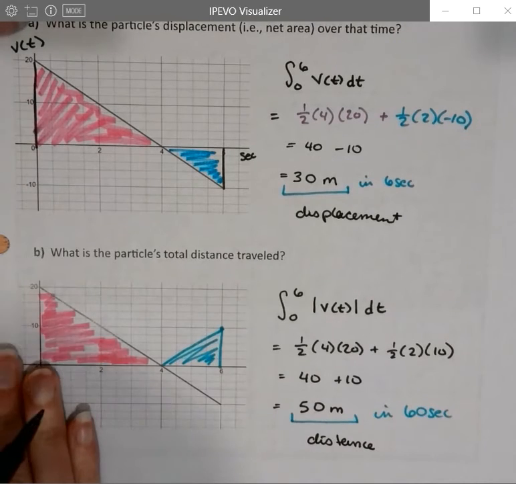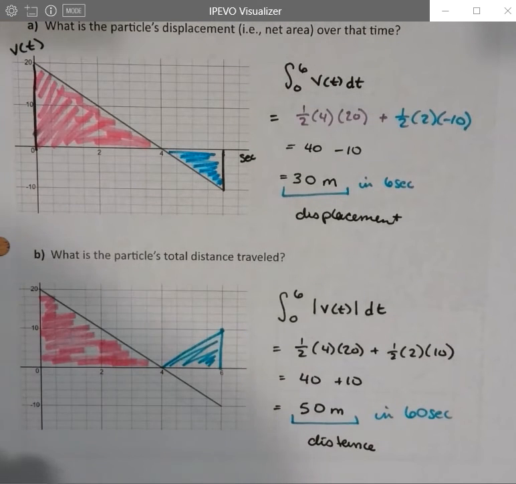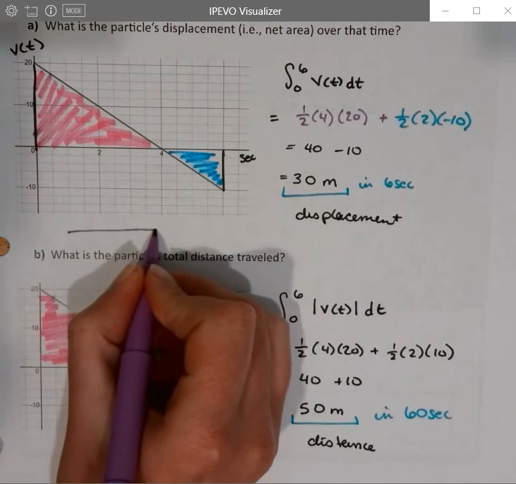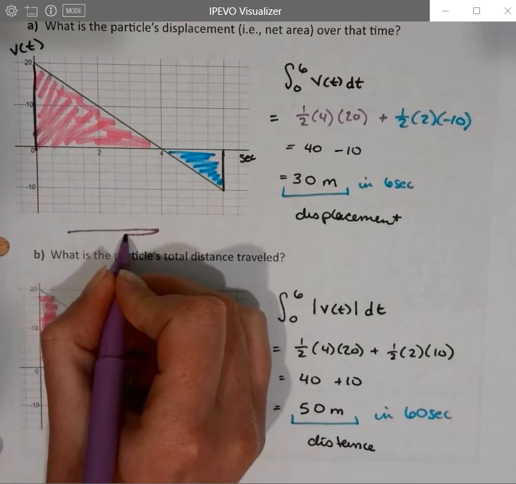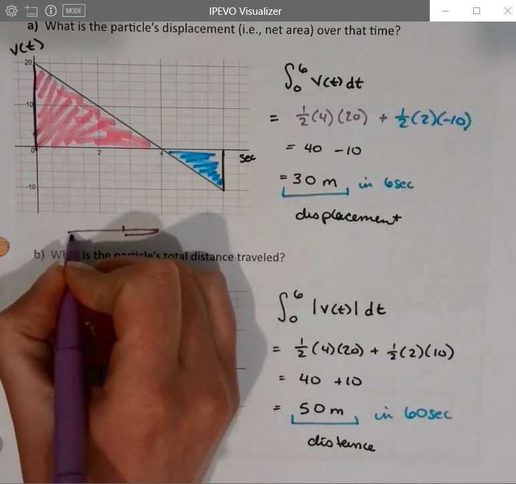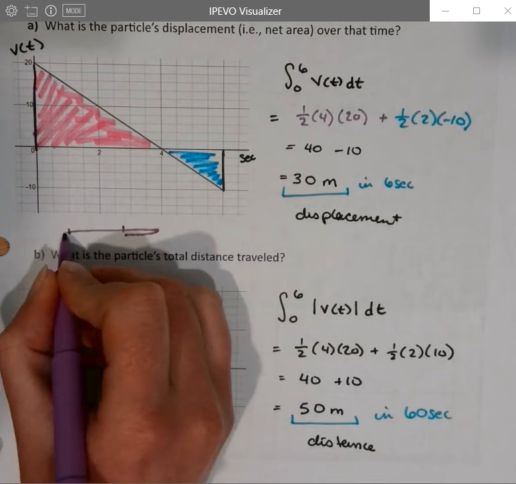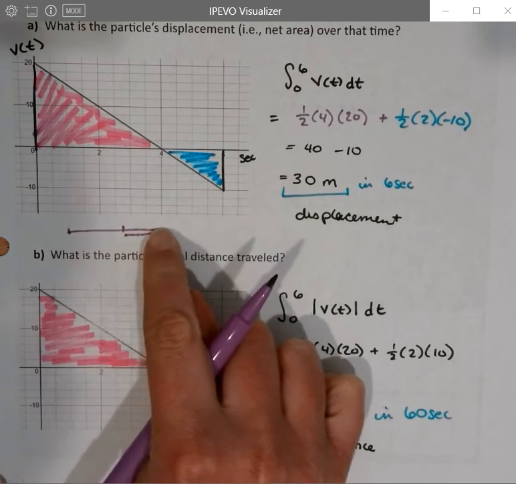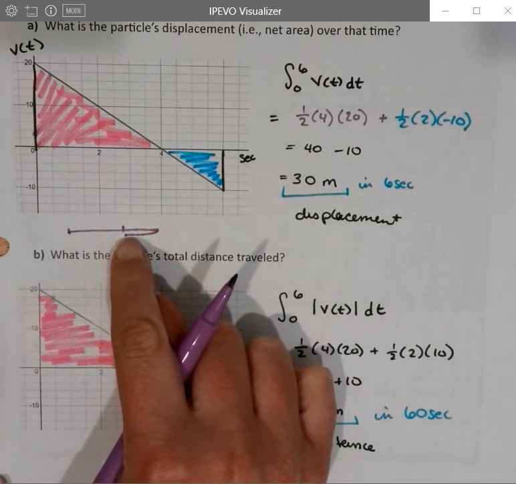All right, and again, just to illustrate, if we recall the difference between distance and displacement, what happened with this particle is it traveled out 40 and then back 10, so it ended up 30 units away from where it started. But the total distance that it traveled, so it had to travel that 40 and then travel that 10, was 50 altogether.